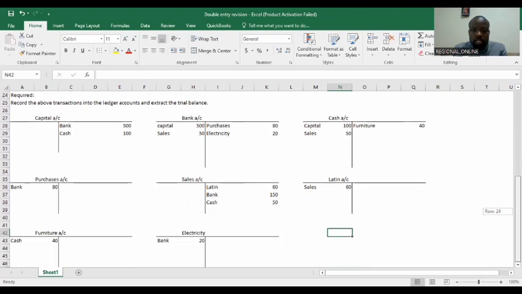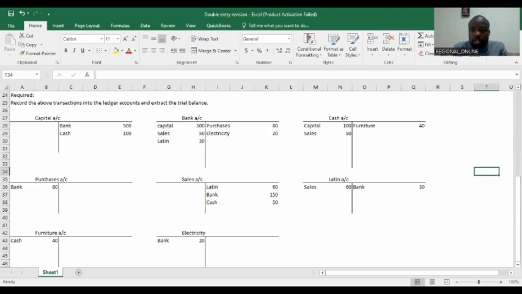So it's reducing that 60. The bank is receiving 30 from Latin. And Latin is an asset, and this asset is reducing because it's paying some amount to the business. So it's reducing by 30.